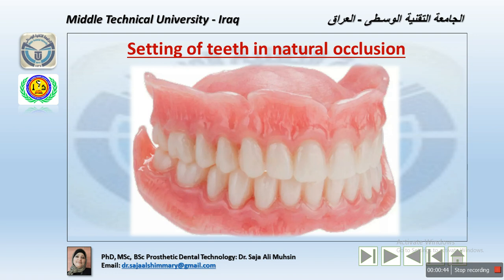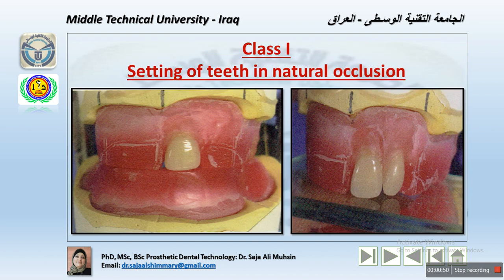The arrangement of artificial teeth in class 1, the setting of teeth in natural occlusion. First, an upper central incisor is placed to one side of the central line.